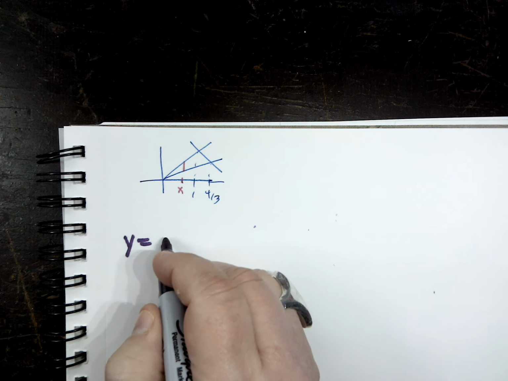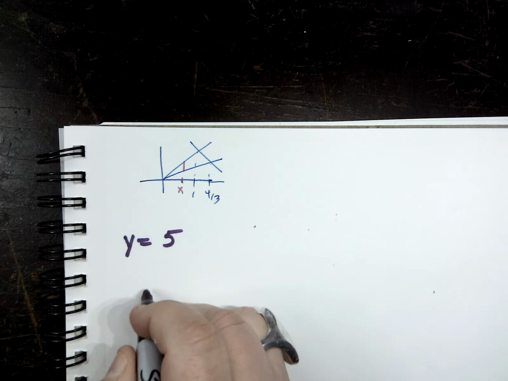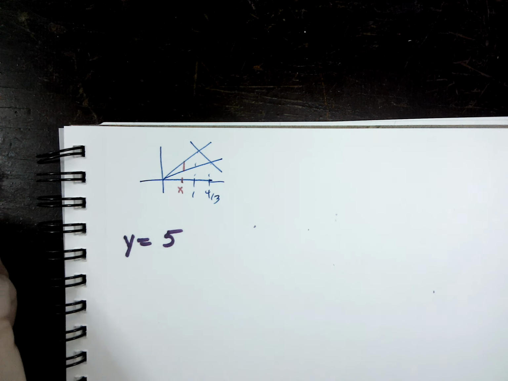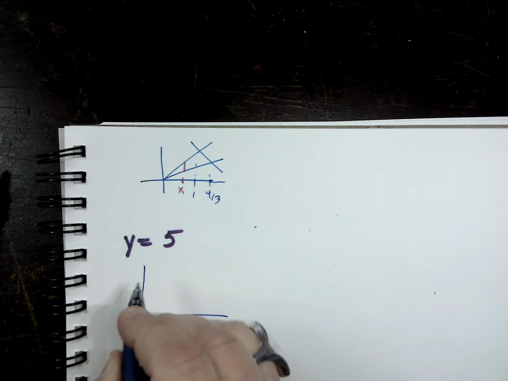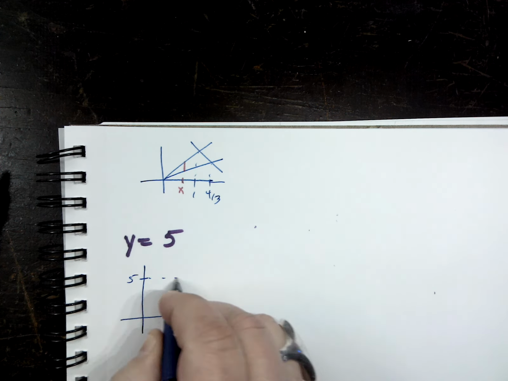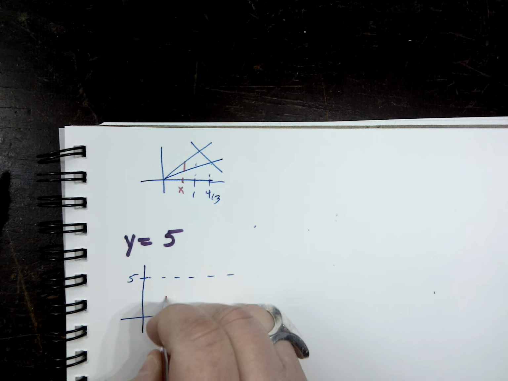So let's just say y equals 5, because I know that's above it. So my picture will look like this. There's my 5. I have my little vertical thingy here.